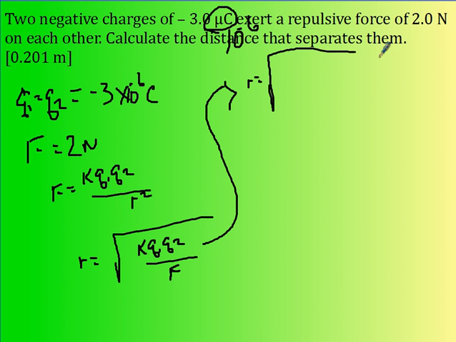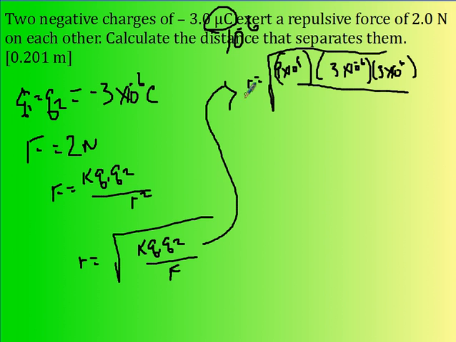R is the square root of 9 times 10 to the 9th times, leaving the negative sign out, 3 times 10 to the negative 6, 3 times 10 to the negative 6, divided by the force, which is 2 newtons. When I do my calculations, I get a very simple 0.201 meters.